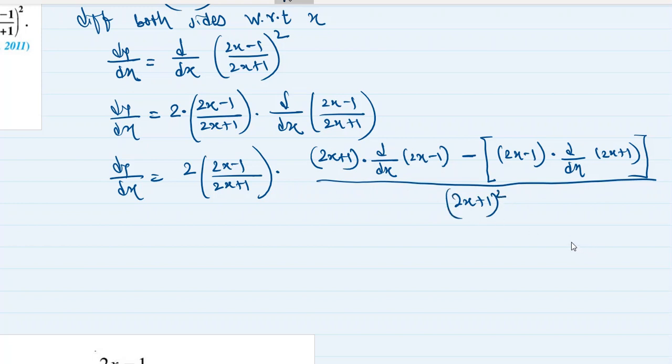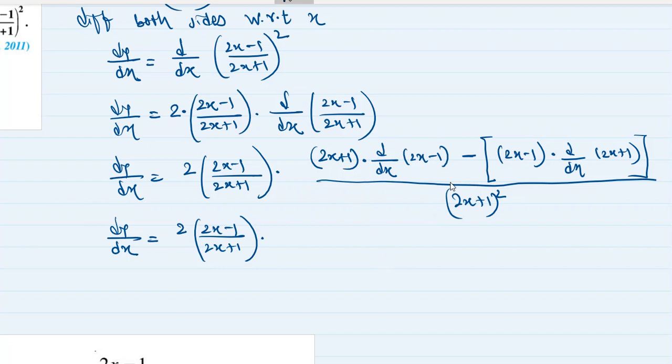Okay, great. So dy by dx is equal to, how to differentiate these things over here?